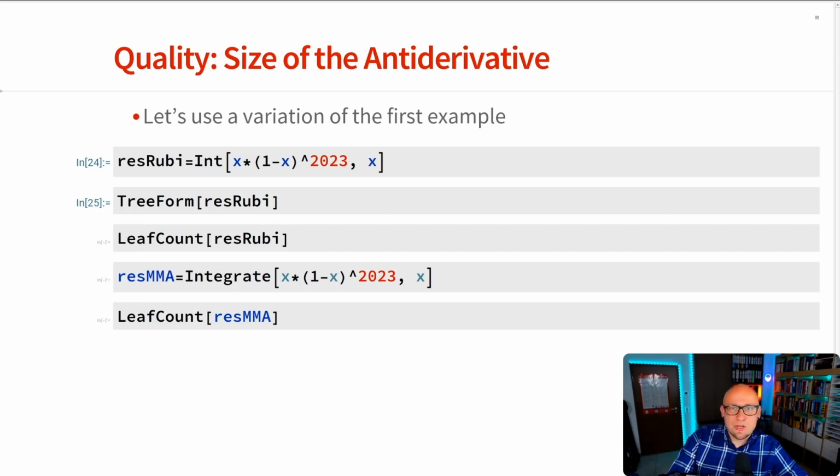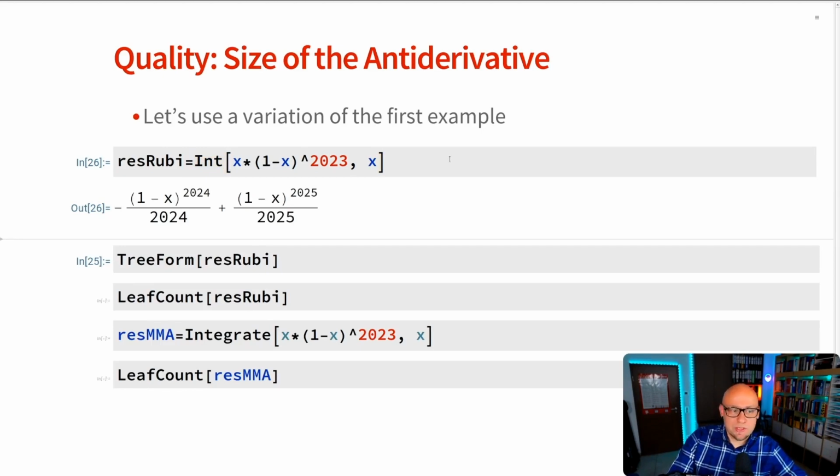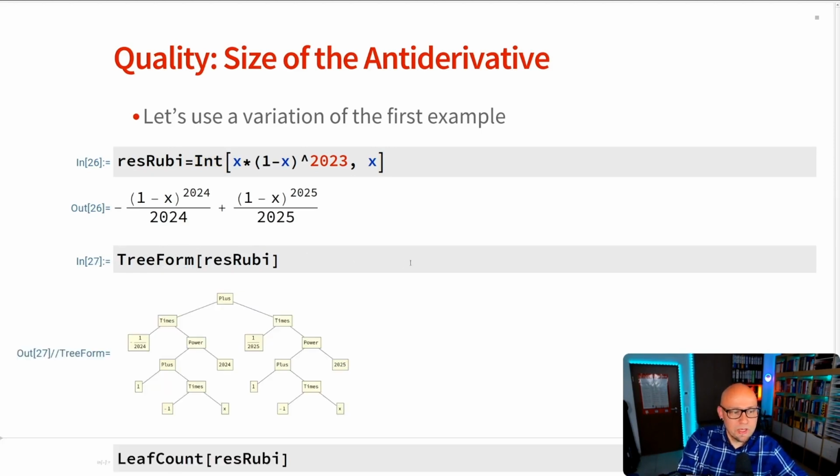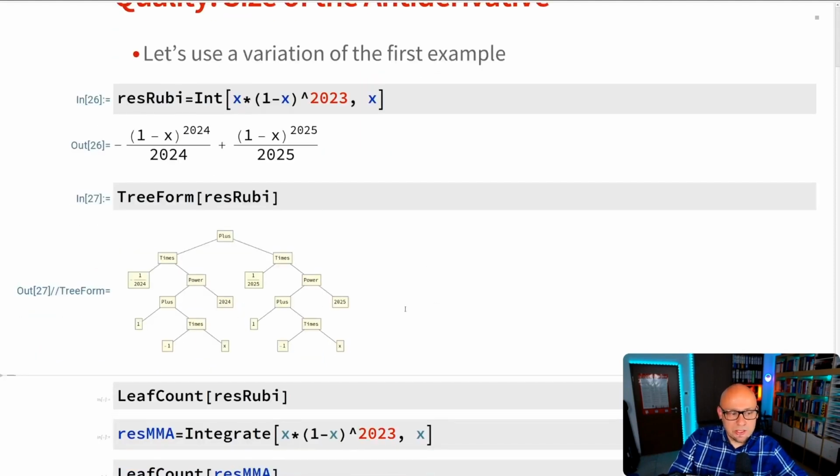Let me try to demonstrate what I mean by size of the antiderivative. We will use the very first example we've seen, but we will change the exponent to 2023, which is more appropriate, I think. So when we integrate this with Rubi, we get a pretty short result. And to now look at how big this is, we could use something like TreeForm, and then we could count the leaves in there.